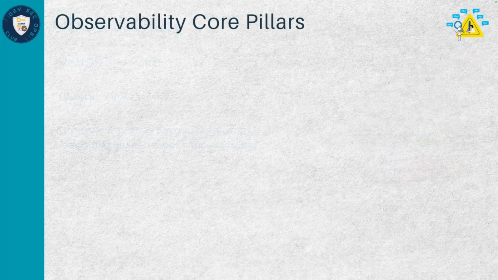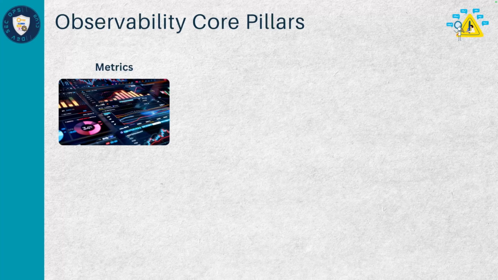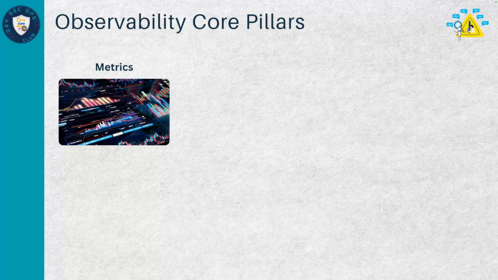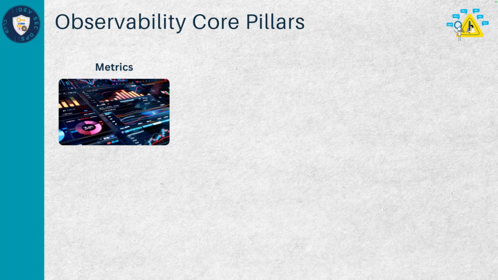There are some core pillars of observability. It relies on three key pillars to provide a complete picture of system behavior. The first one is metrics: performance data like CPU usage, latency, and requests that help monitor the overall health of the system.